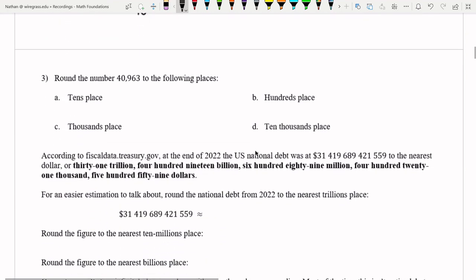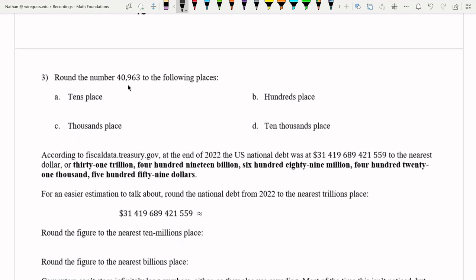Okay, let's look at that in practice here. We have 40,963, and we're going to round to the tens place. The tens place is right there. We have ones, tens, hundreds, thousands, 10,000s. So this is our rounding place for this first part. We're going to look at the next place. This is our test digit. That's not 5 or greater.